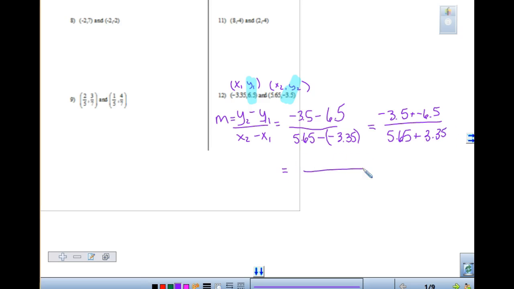So in your numerator, Nathaniel, what did you end up with? Negative 3.5 plus a negative 6.5. Negative 10. In my denominator, Camden, what did you end up with? 5.65 plus 3.35? 9. This is our answer for our slope, negative 10 over 9.